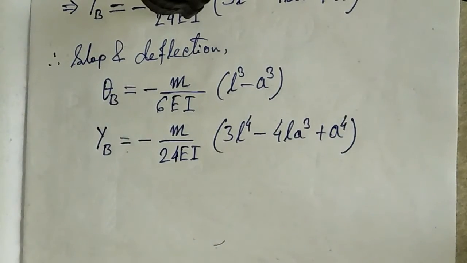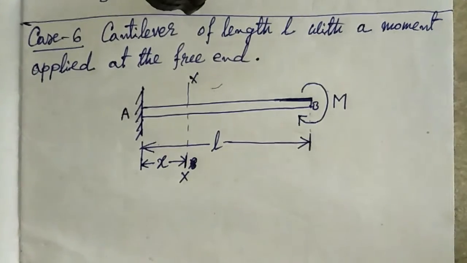So this is the expression for slope and deflection at point B. This is case number 6.